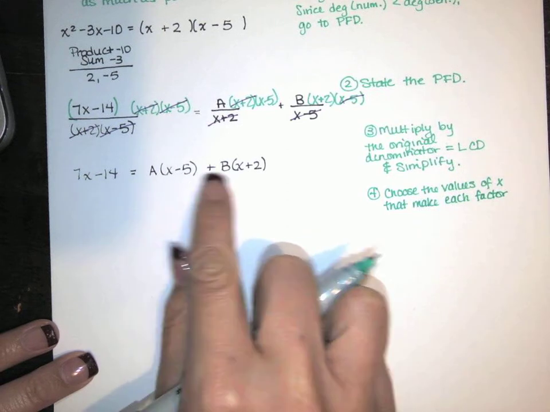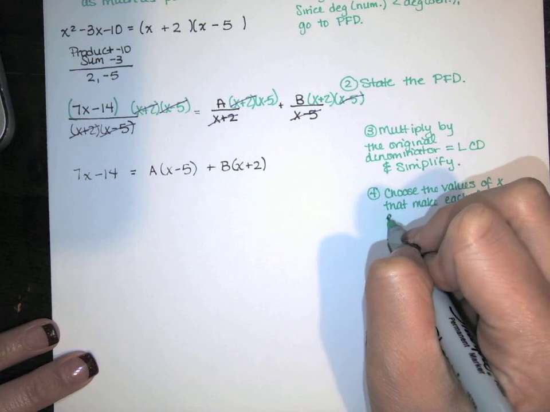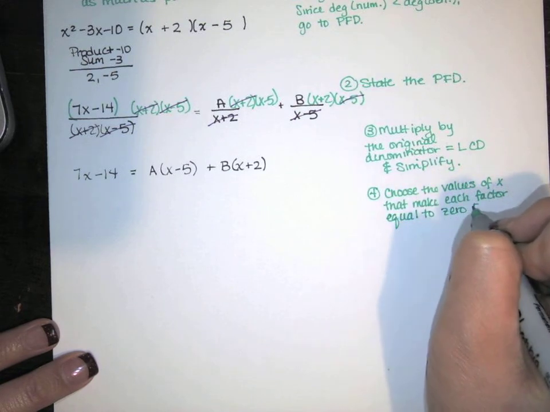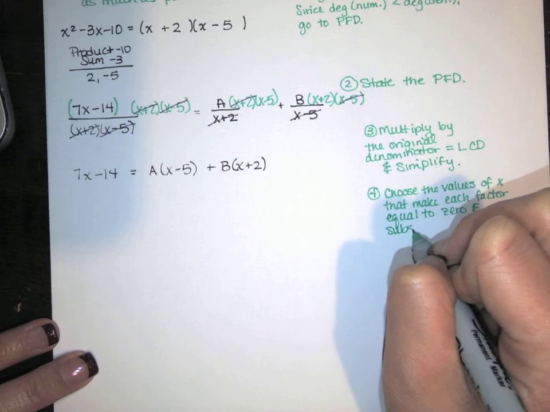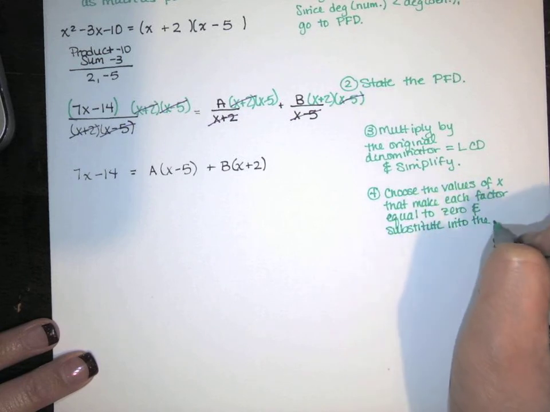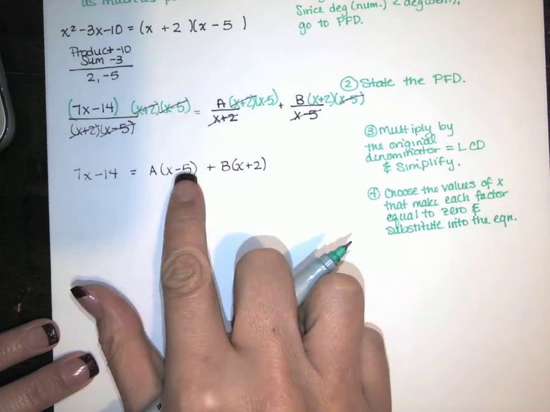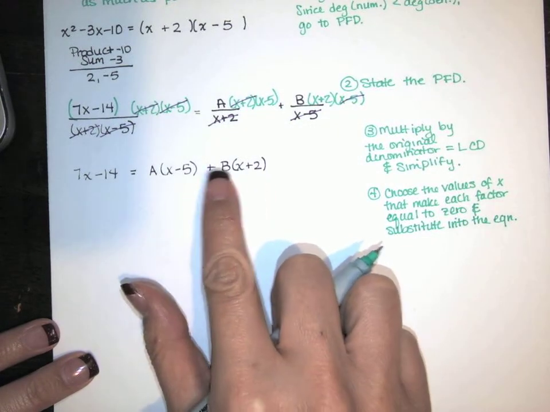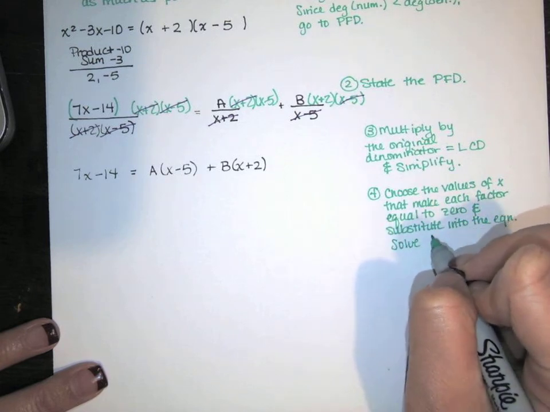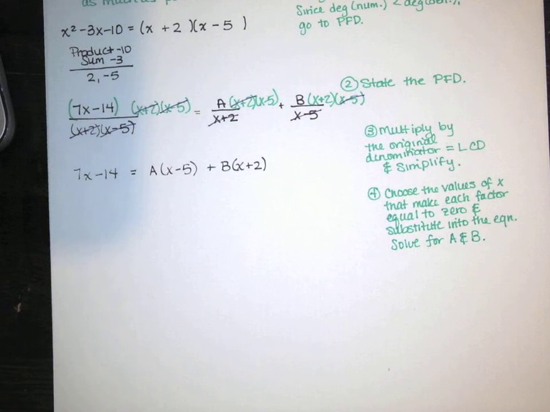The factors in the LCD, the x minus 5 and the x plus 2, and substitute those into the equation. You're going to do that twice, once for this factor and once for this factor. And then you're going to solve for a and b.